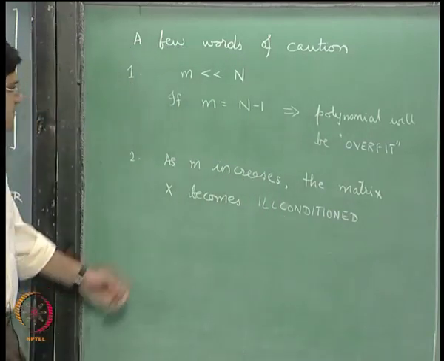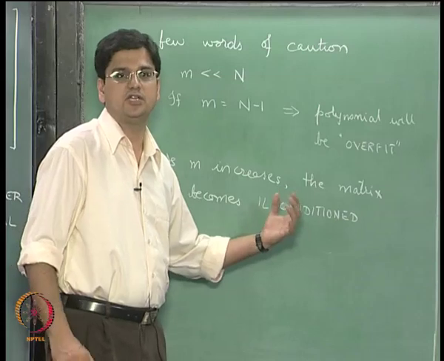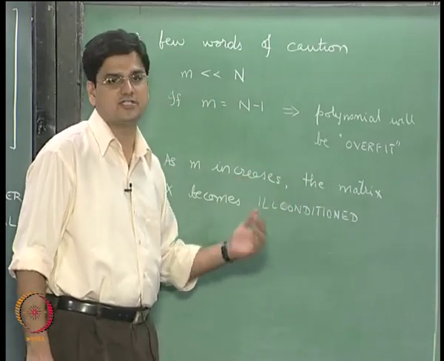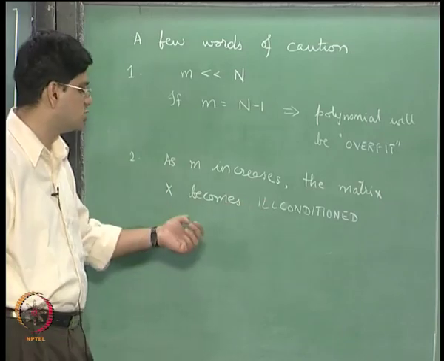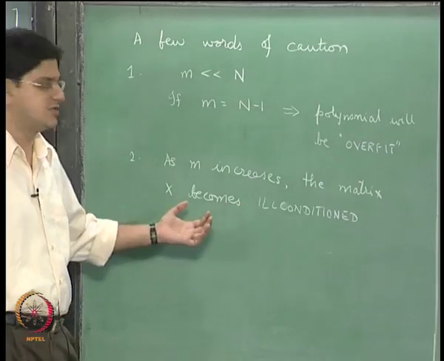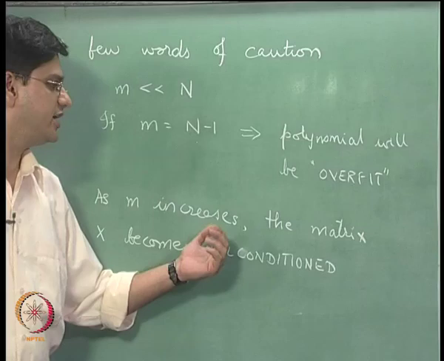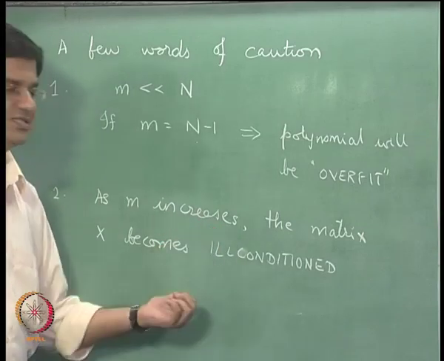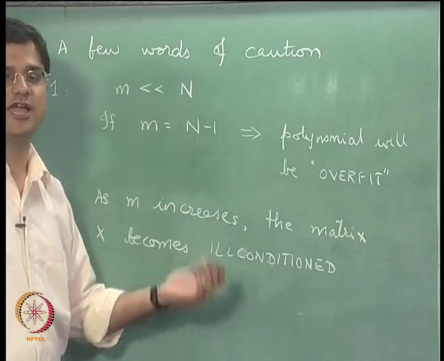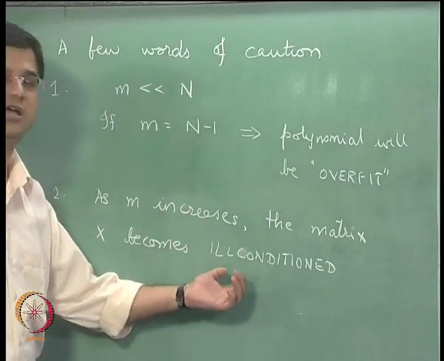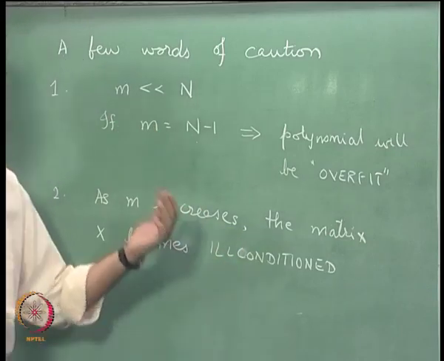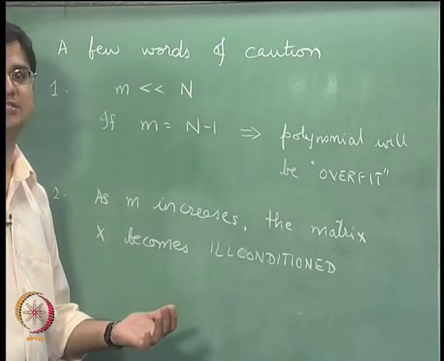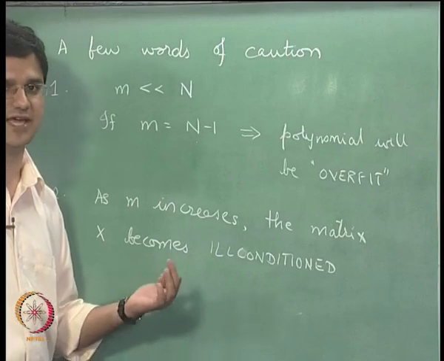What we mean by the matrix becoming ill conditioned is that there is possibly going to be a lot of errors associated with the inverse of the matrix. In other words, what ill conditioning really means is that the largest eigenvalue of the matrix X transpose X is several orders of magnitude greater than the smallest eigenvalue of X transpose X.